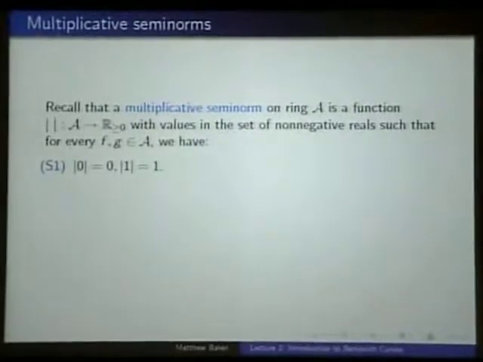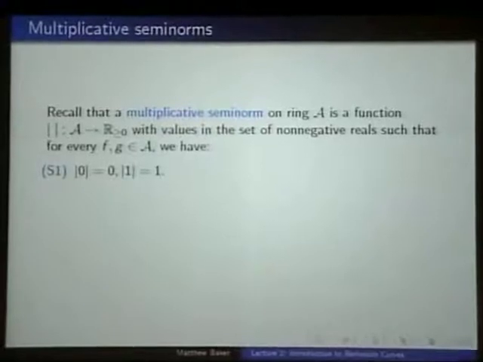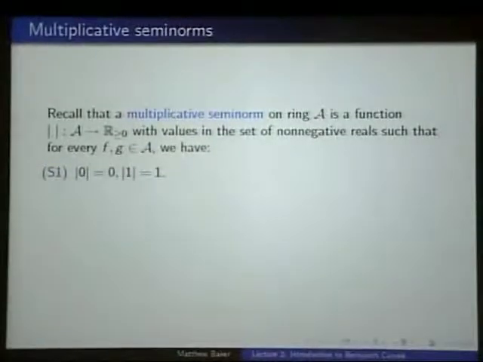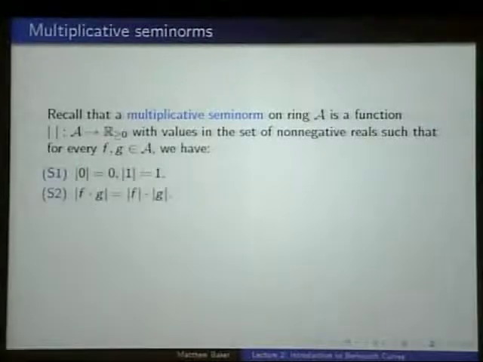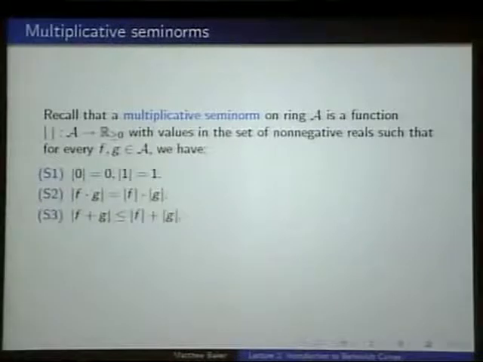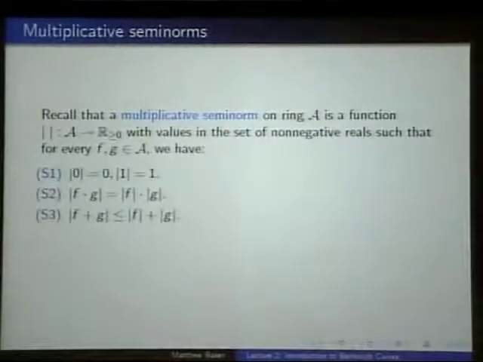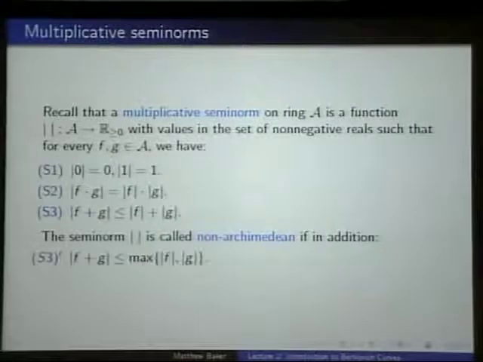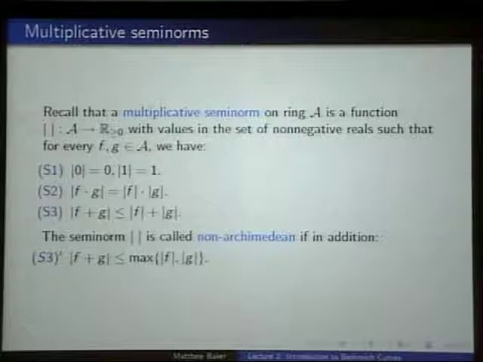So a multiplicative semi-norm on some ring A is a non-negative real-valued function satisfying these axioms. The first one is the absolute value of 0 is 0, absolute value of 1 is 1. Second is it's multiplicative. Third is it satisfies the triangle inequality. It's called non-Archimedean if it satisfies a stronger version of the triangle inequality, the ultrametric inequality.